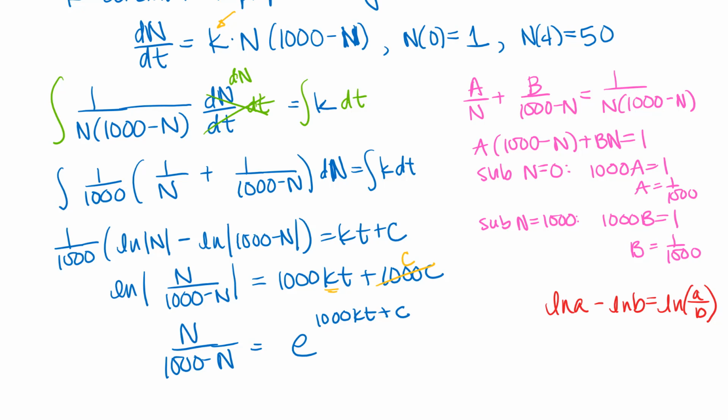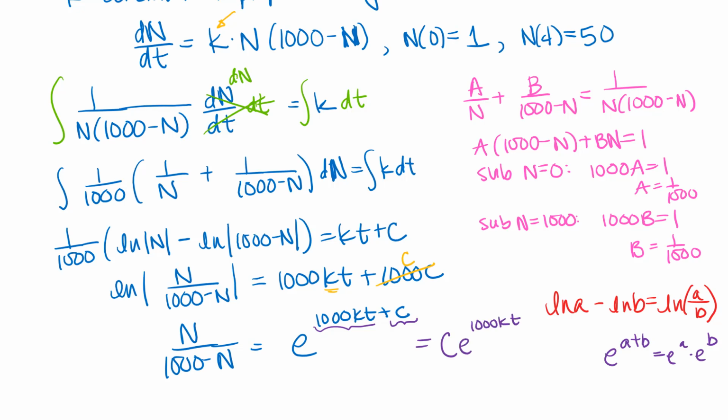I'm going to use another property over here. So e to the a plus b is the same as e to the a times e to the b. So I'm going to use that here to separate that into e to the 1,000 kt times e to the c. Absorb that e into the c, so I can rewrite that right-hand side as c e to the 1,000 kt.